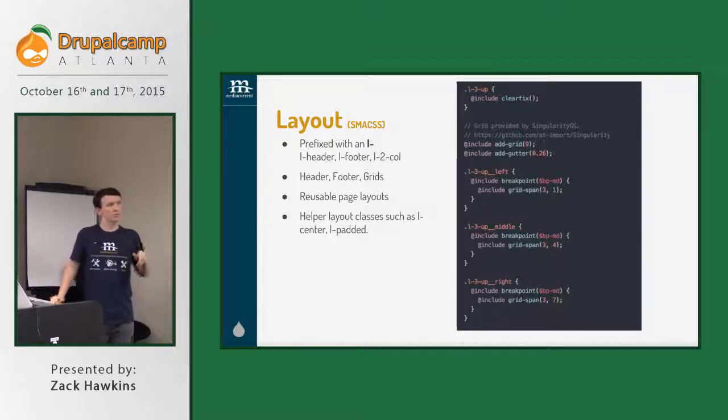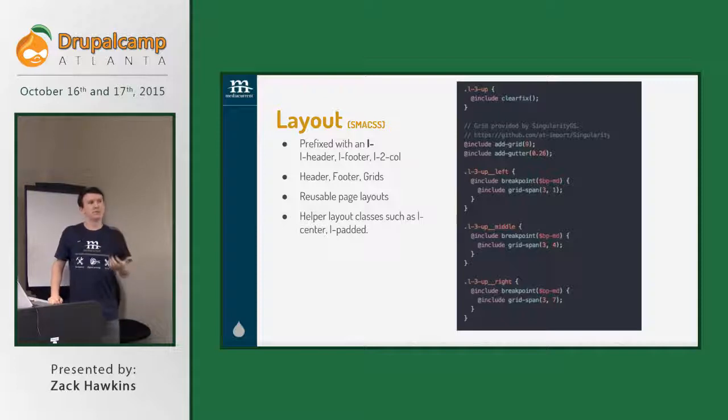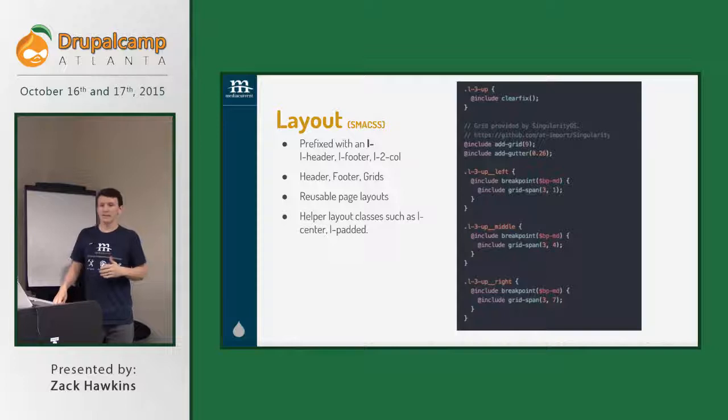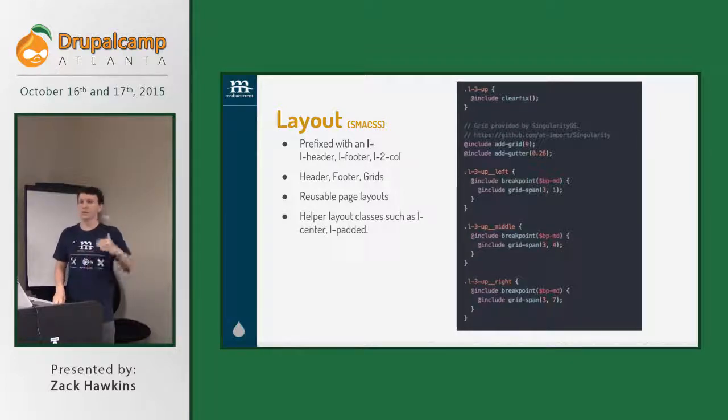As you can see here, we're prefixing it with an L, and that's just to separate it a little bit. So if we inspect an element in Chrome Inspector and we see the L dash, we're like, oh, cool, that's layout related. I know I can go look in my Sass, find the layout folder, and there's all my layout classes. And if there's not an L, then we're like, oh, cool, that's a component.